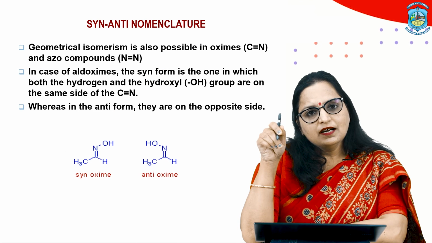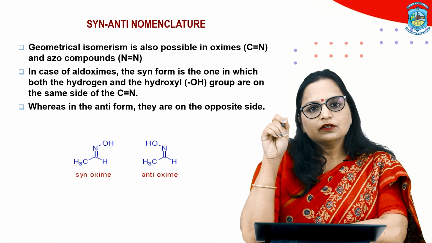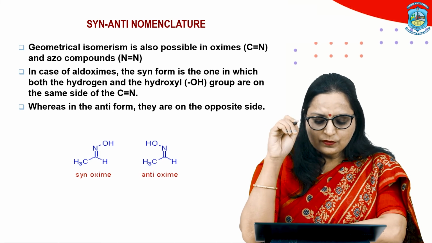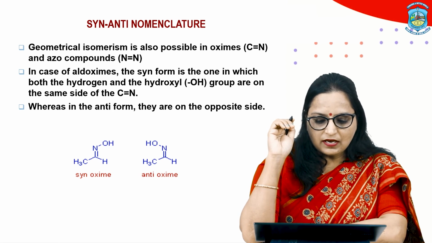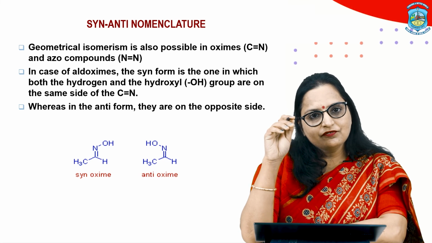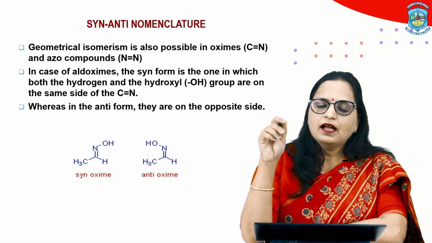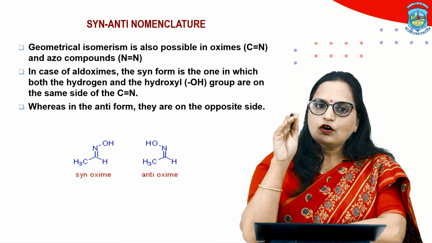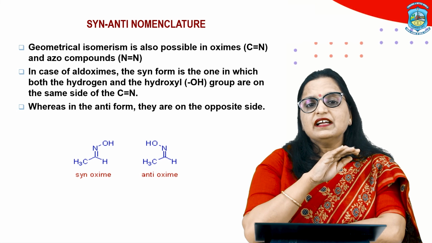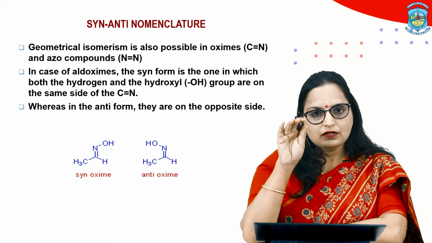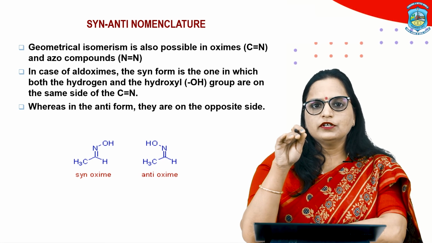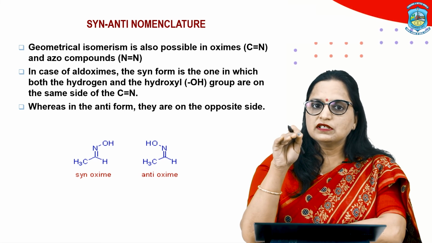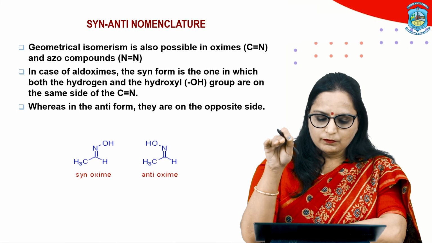So we have another kind of nomenclature in geometrical isomers, that is syn and anti, and as you can see from the structure, it is applicable when we have carbon double bond nitrogen and nitrogen double bond nitrogen. So it is used where we don't have alkenes. Especially when carbon is double bonded to nitrogen or nitrogen is double bonded to nitrogen, we use syn and anti for their nomenclature.